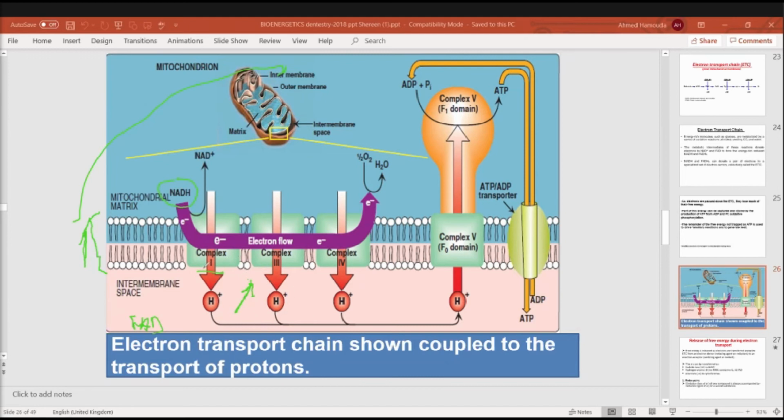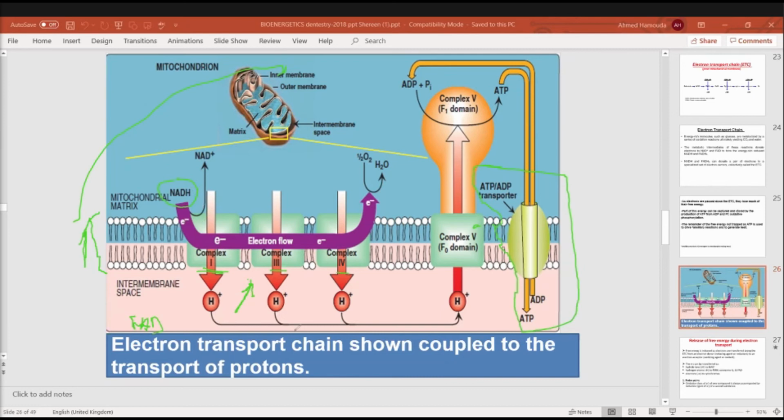So you have complex 1, complex 3, 4, and this is 5. This is where your ATP is formed. As you can see, NAD is full of electrons.